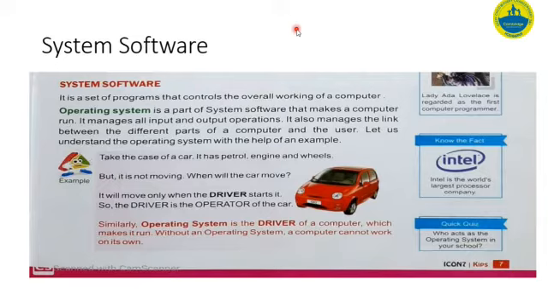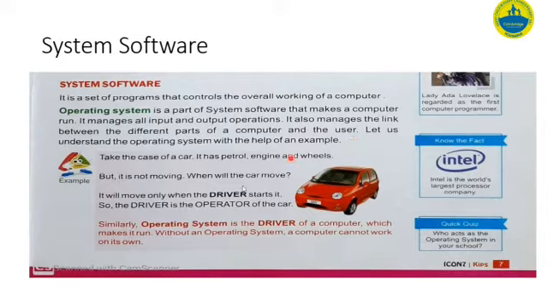Those software which control all the activities of the system are called system software. It is a set of programs that manage everything, the parts of the computer and the user. So the operating system is a type of system software.